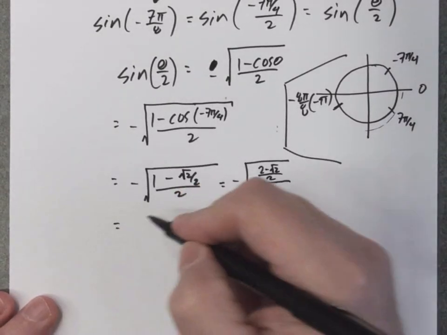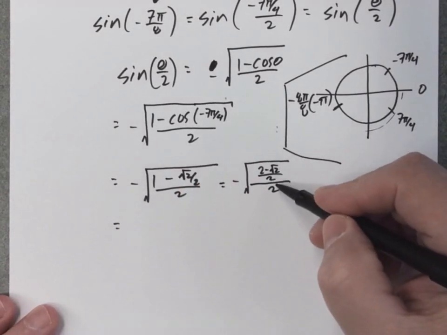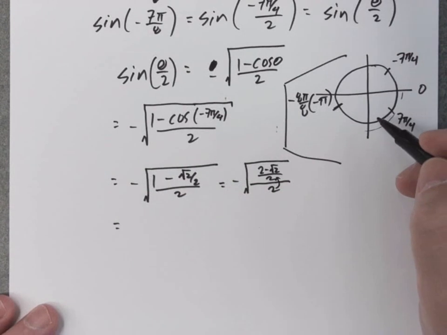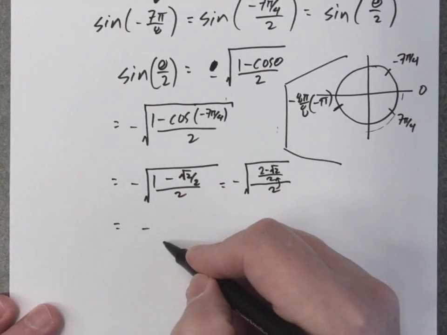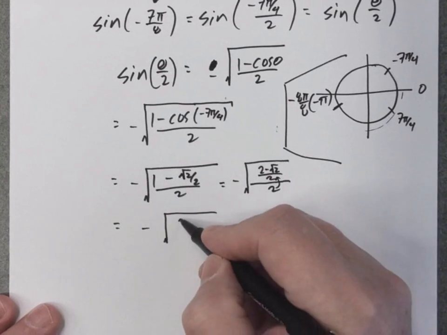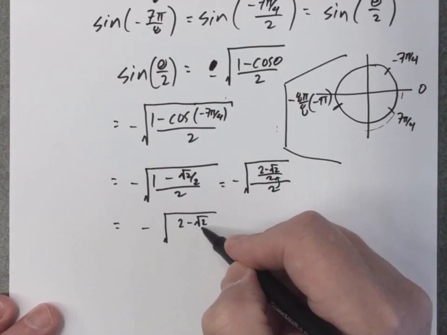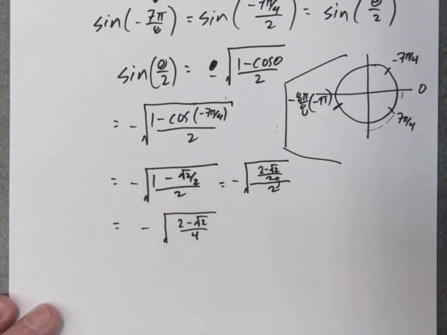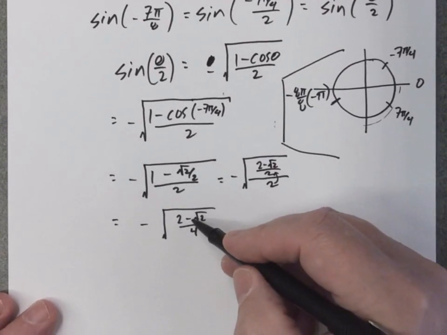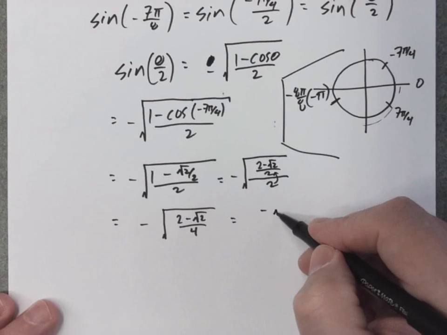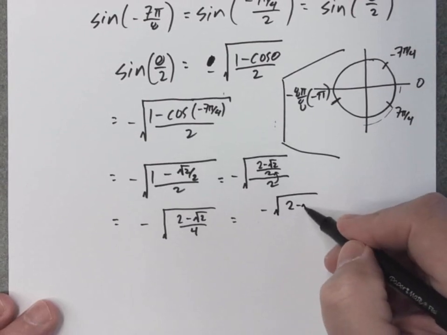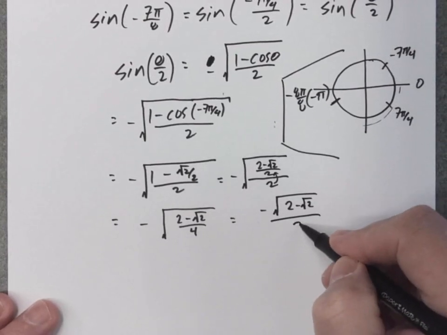So now once again, complex fraction. This 2 goes up here, so I already have now 4 in my denominator. So I have 2 minus square root of 2 all over 4. And just like the last problem, I can break this up, and when I do, I end up with the square root of 2 minus square root of 2, over 2.